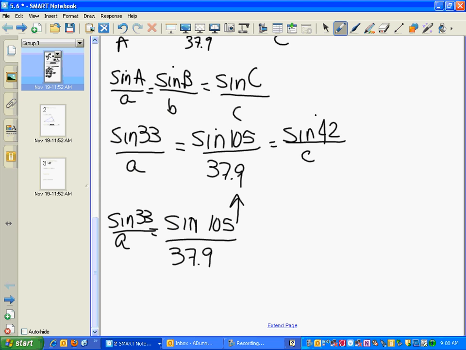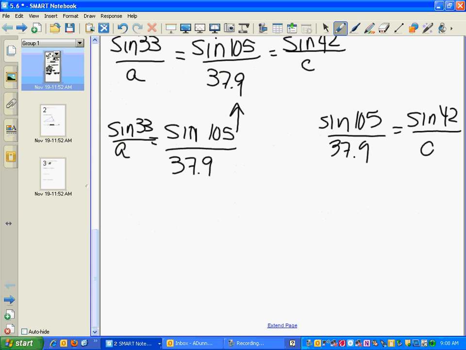Our second proportion is going to say, well, the sine of 105 over 37.9 is equal to the sine of 42 over side C. And then through cross multiplication, we'll solve. Does that make sense? Are we good?